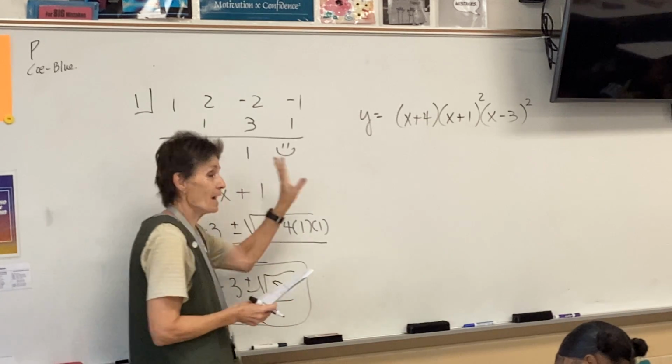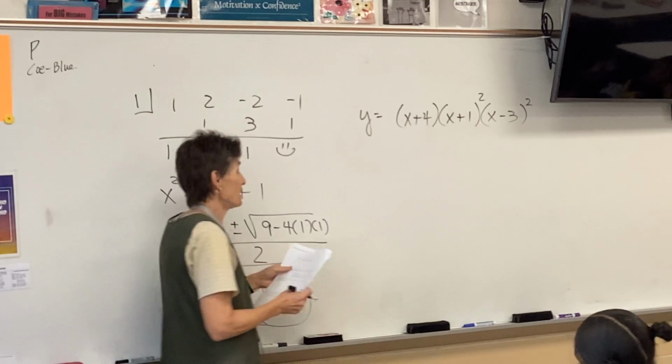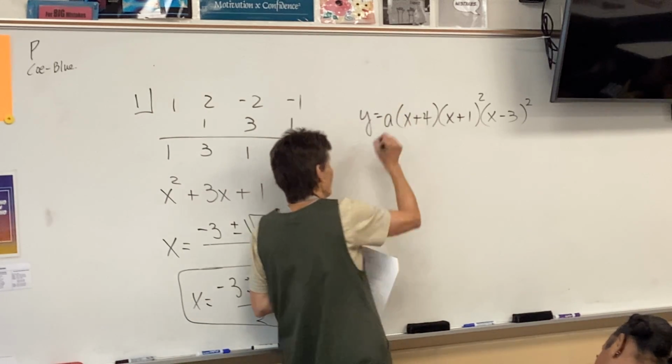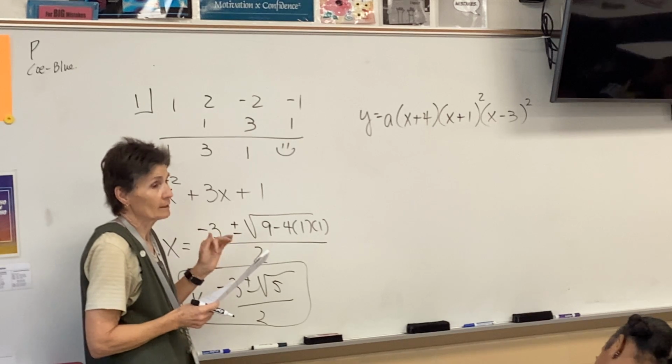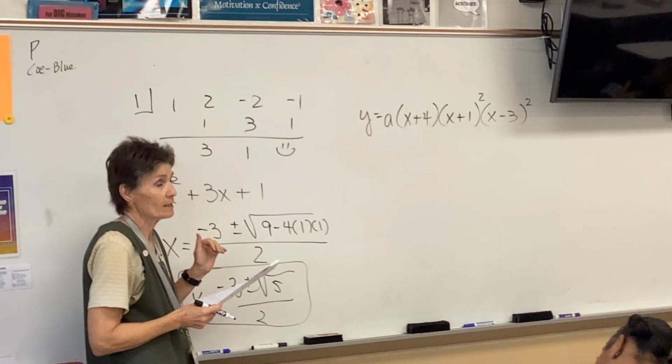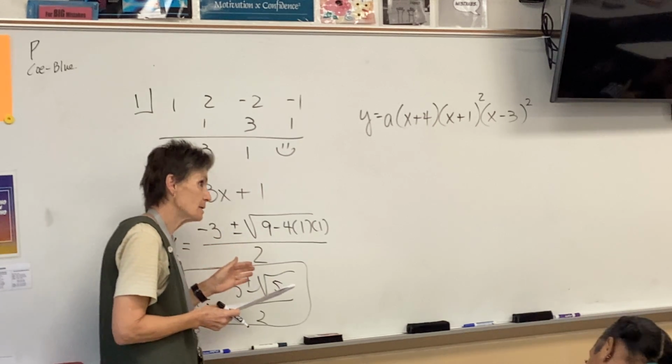Now, I am not done. I'm halfway done. To finish, I have to figure out what that number is. Call it A, call it N, call it whatever you want. I don't care. You have to figure out what it is. And how do we figure out what it is?